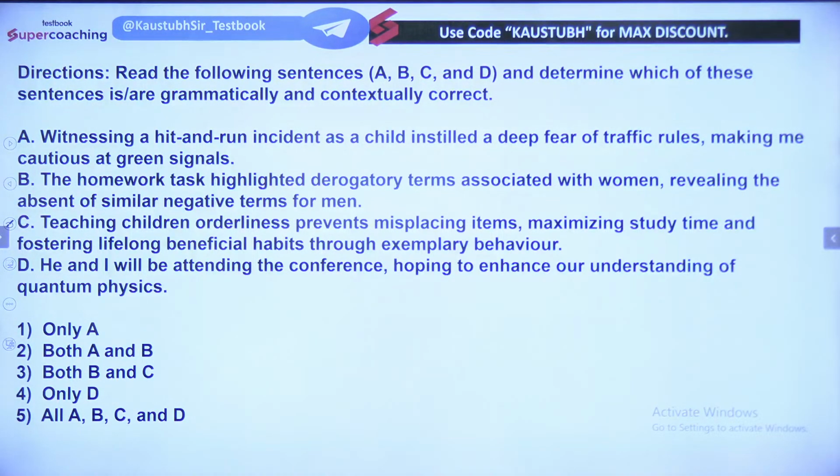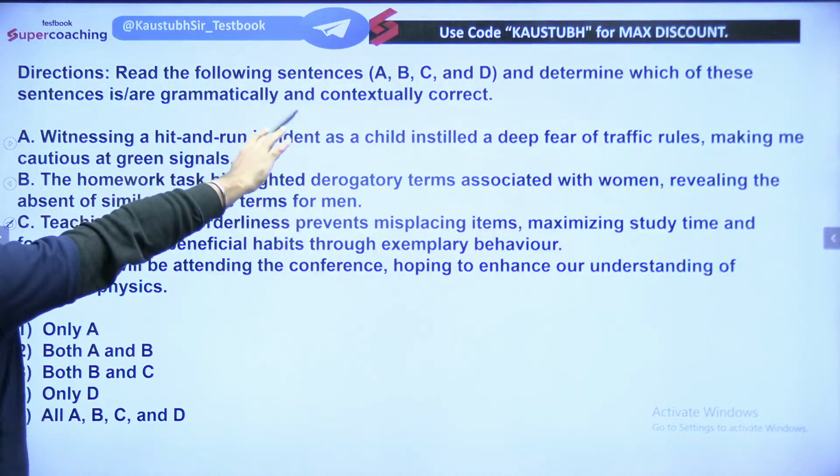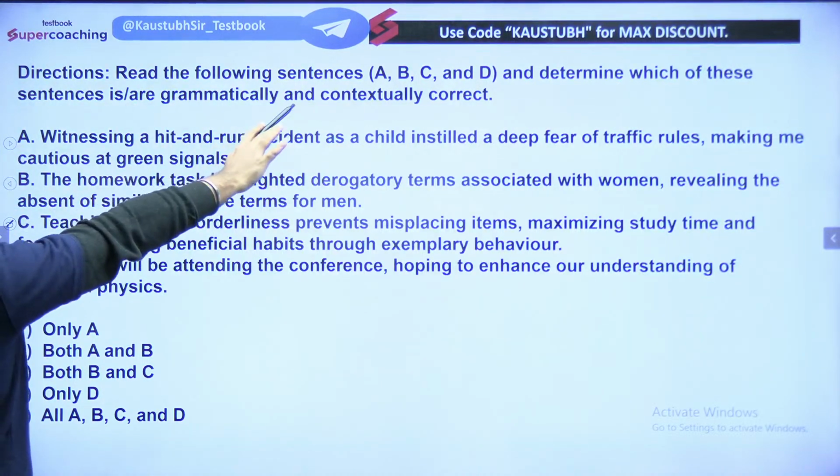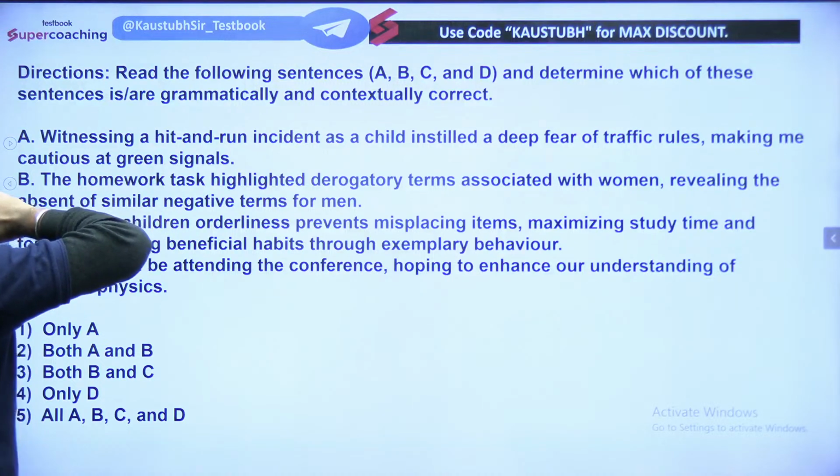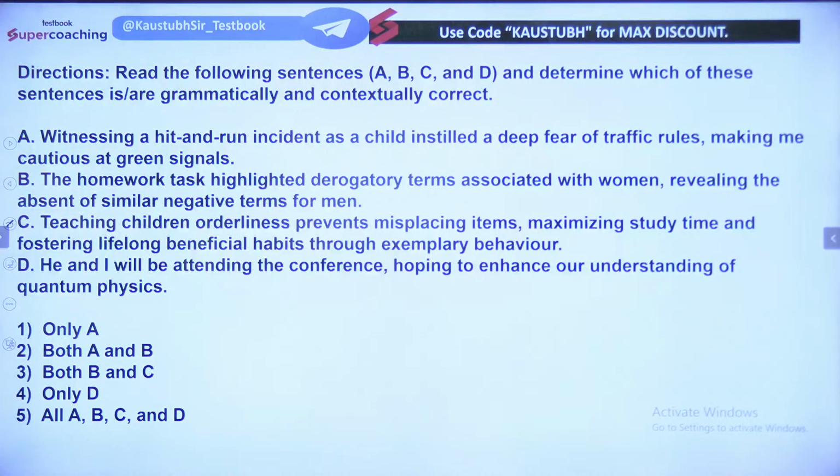Okay, there is some typing mistake maybe in question number 1. Let's see. They have asked you to find out the sentence which is grammatically and contextually correct. There is definitely an error in B sentence. How many of you might agree with this?